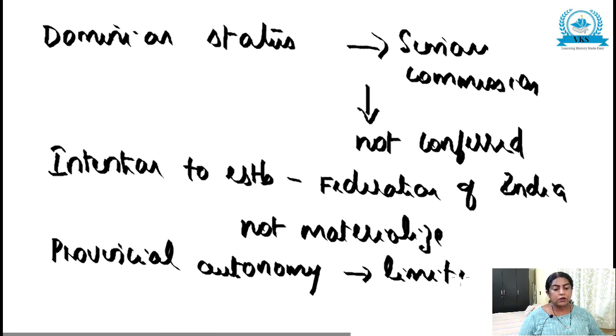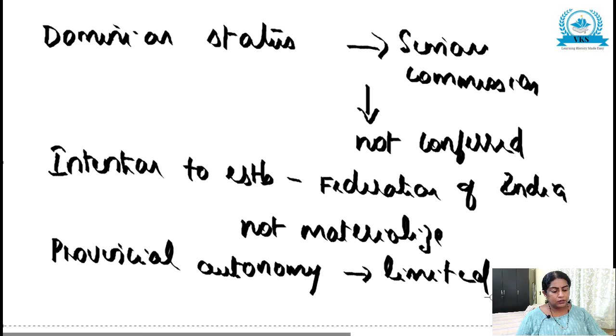This provincial autonomy was not full, it was limited, as the central government retained important powers. The important powers were with the central government, so the concept of provincial autonomy also was limited. So these were some of the drawbacks of the Government of India Act of 1935.